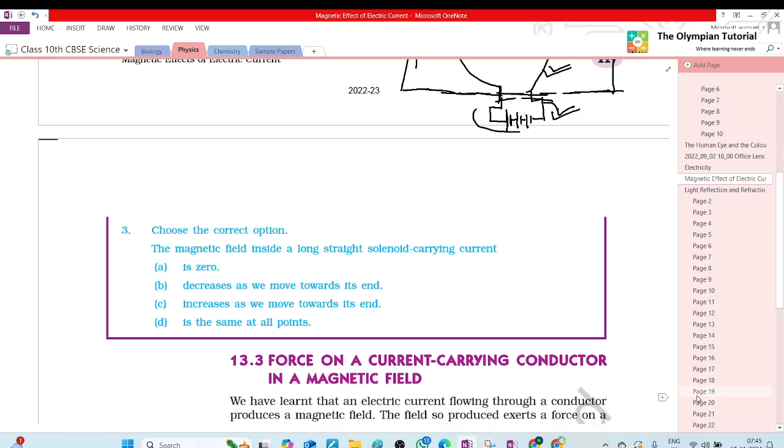Ma'am, I think it's the same at all points. Is the same at all points. We have done this in the previous question. Inside the solenoid, it is the same in all directions. Okay.